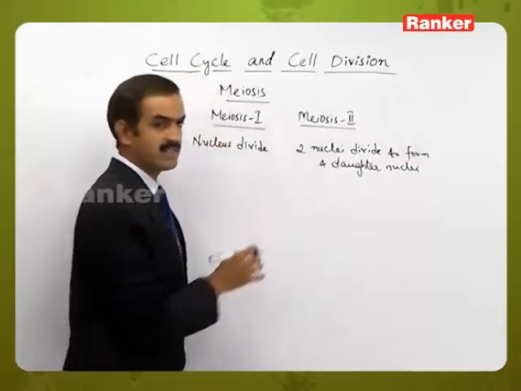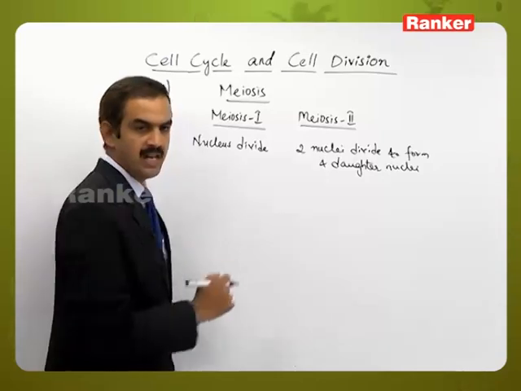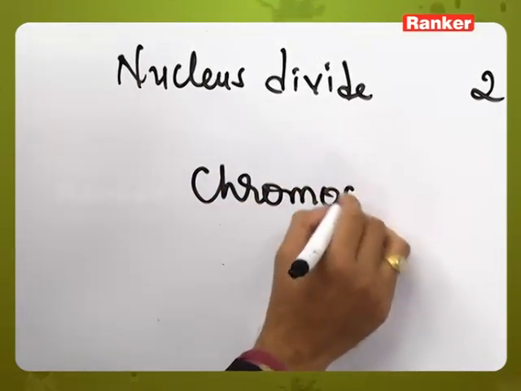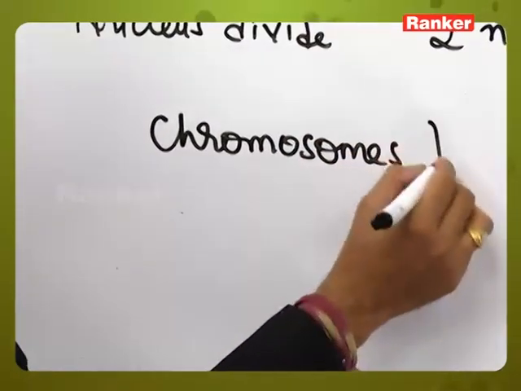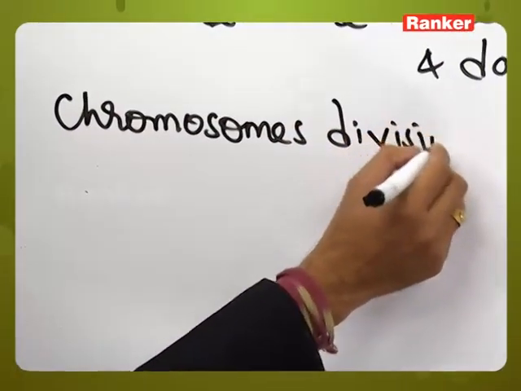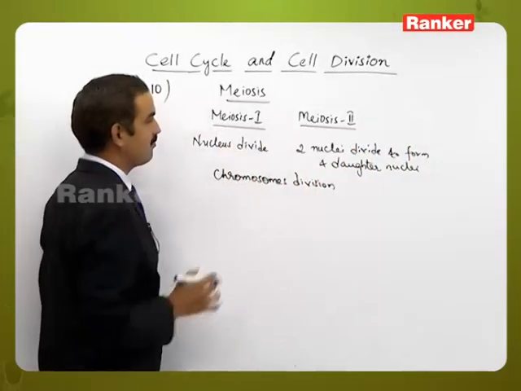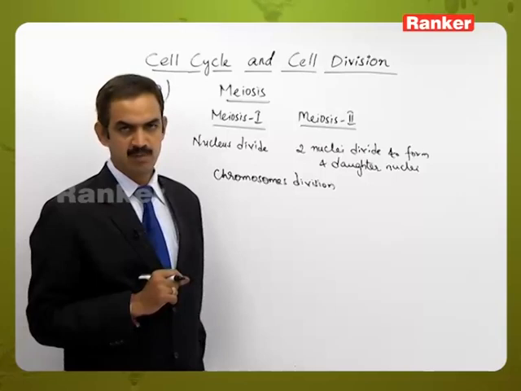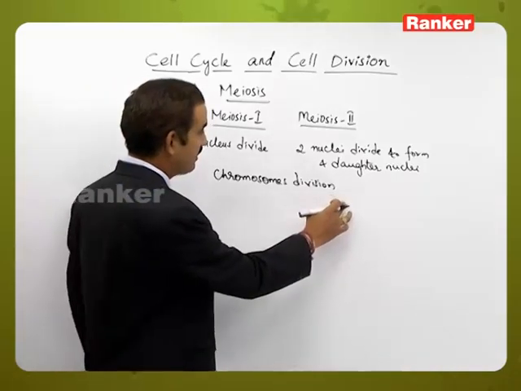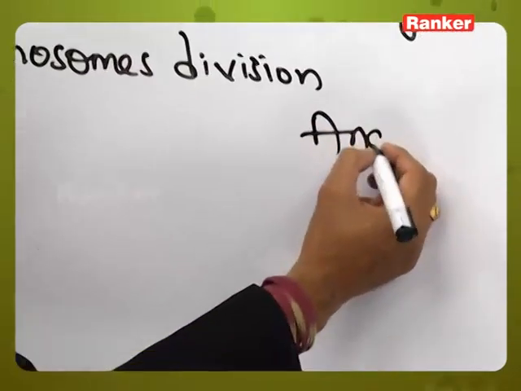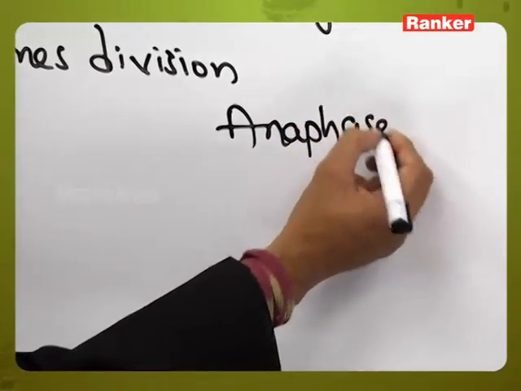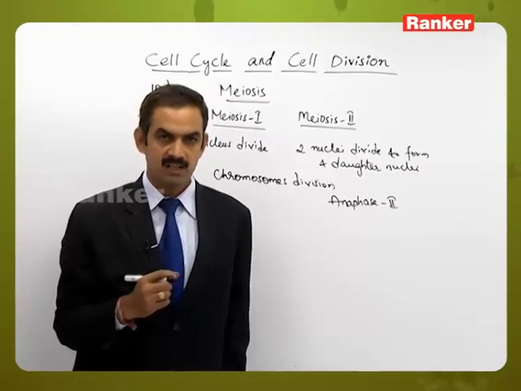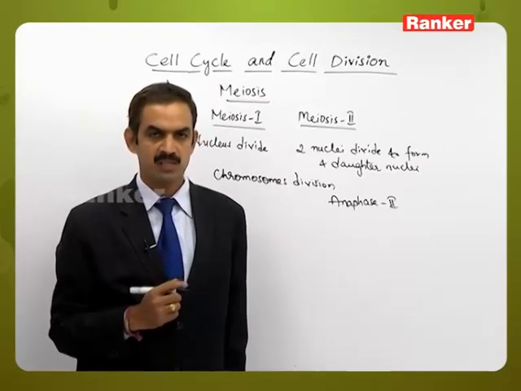That means here the nucleus is dividing twice. But what about the division of the chromosomes? Here during meiosis 1, only the genomes separation will be taking place. Whereas in meiosis 2, during anaphase 2, the chromosomes will divide, that is, splitting of the centromere will occur, so that the chromosomes will be moving towards the opposite pole.